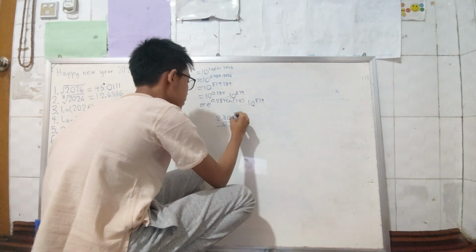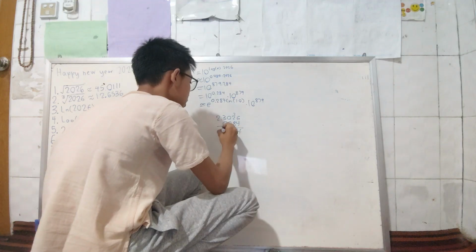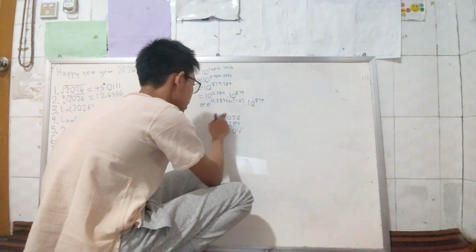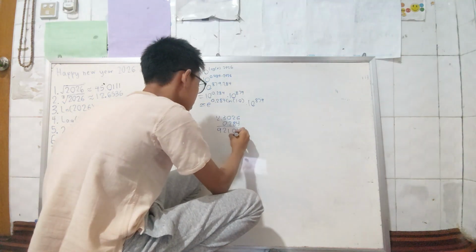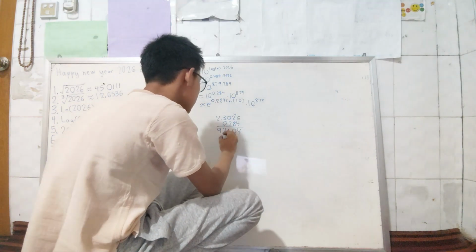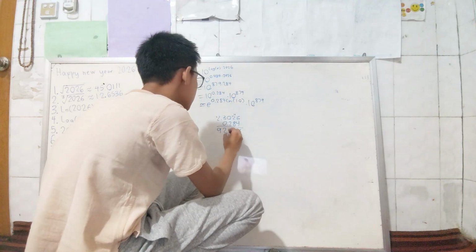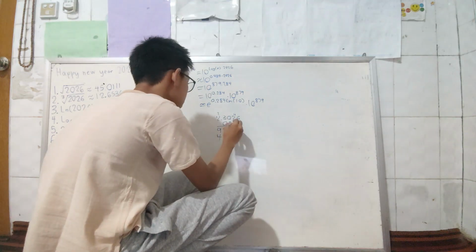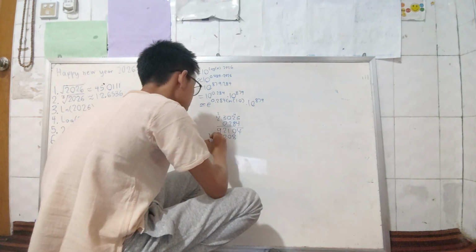Like that. 8 times 6, that is going to be 48. 2 times 8 is 16, that's going to be 20. 3 times 8 is 24. 24, that's going to be 2 times 9 is 18.